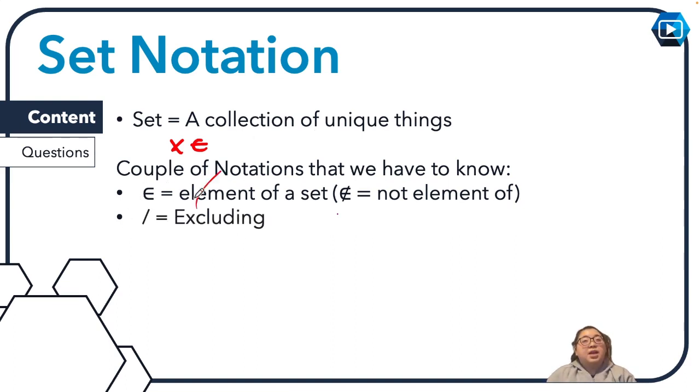We have this kind of backwards slash, which is related to excluding. So if x can take a certain amount of values except for a couple of values, then that gives you your excluding point.